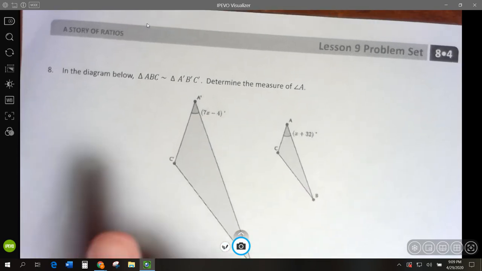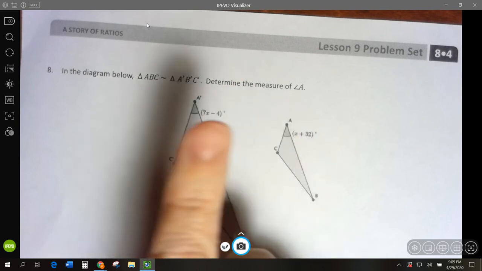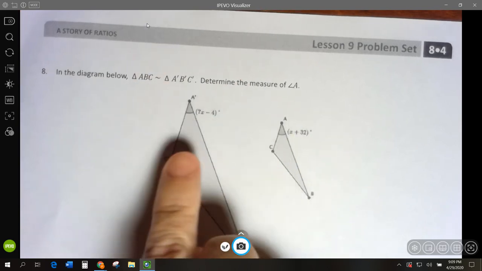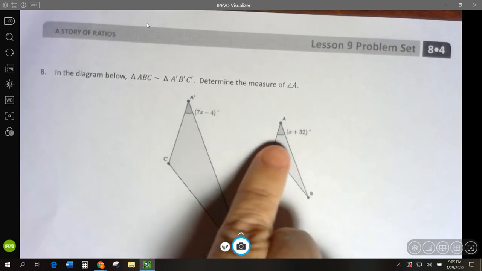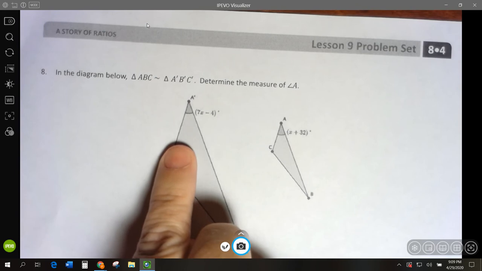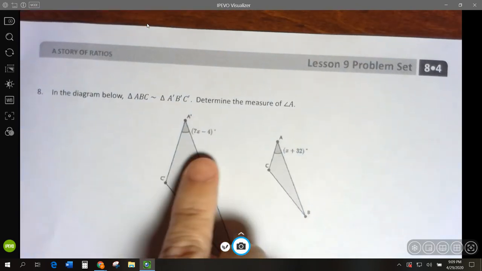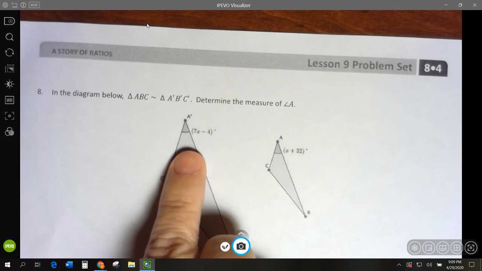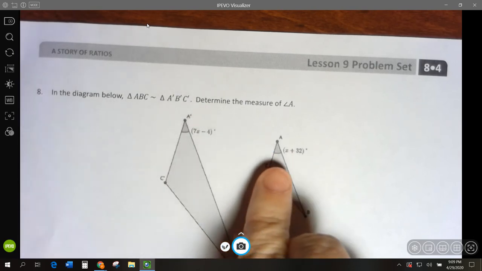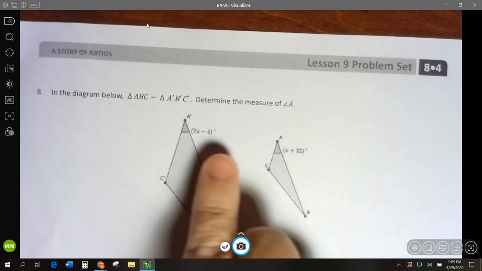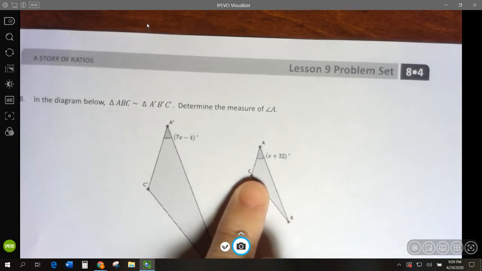That means that angle A and angle A prime are going to be congruent. They're going to be the same measurement. So we have to figure out what angle A and A prime measure. And they just give us these expressions. But I know that this expression has to equal this expression because these angles are the same size.